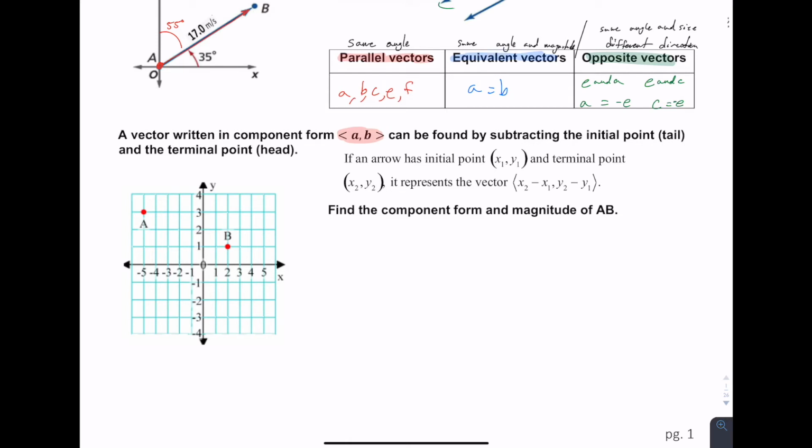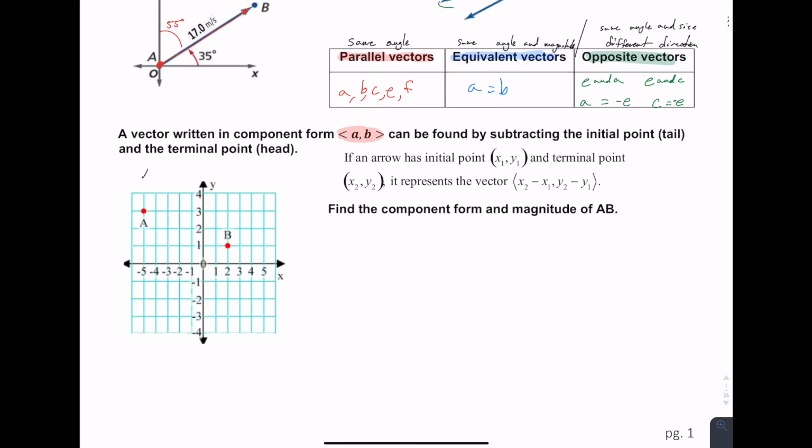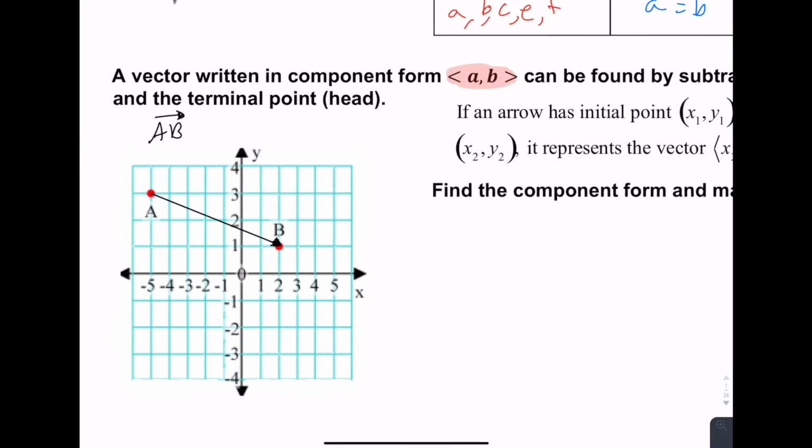Now this one has a name. It's called vector AB, and here's how you write a vector: AB with a little arrow. That means you will connect A and B, and then draw an arrow at the end. So there we have drawn the vector.